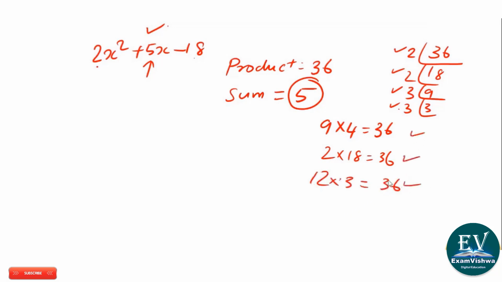Product is not an issue. Now if you add these, it is 13, this is equal to 20, this is equal to 15, but we need 5.